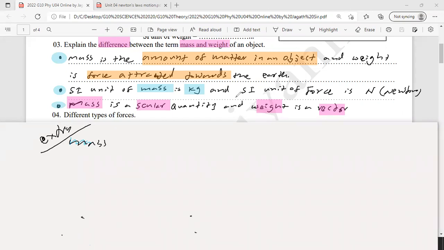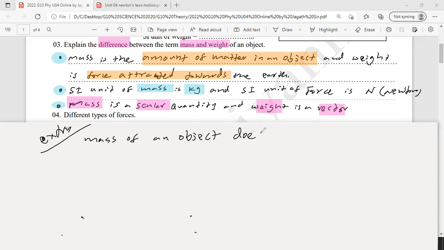You can write, mass does not change with the place. Mass of an object, either you are on the moon or on the earth, your mass does not change. Unless you remove parts of your body, your mass is constant, either you are on the moon or on the earth.